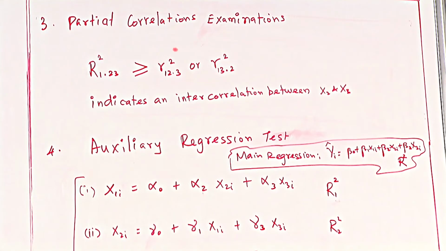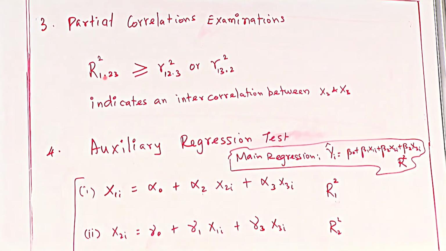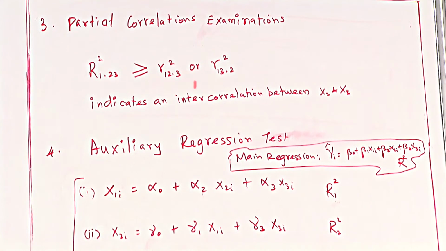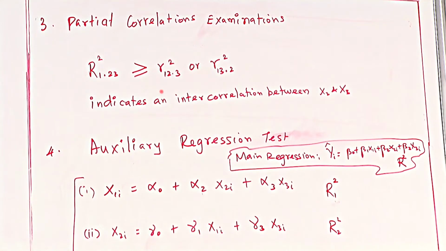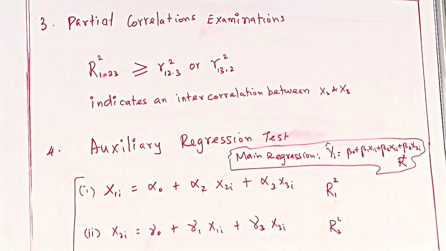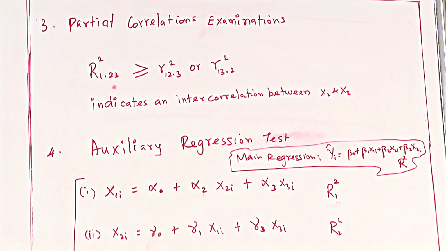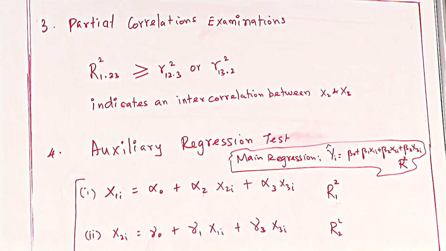We can also examine the partial correlation coefficients. Partial correlation coefficients can be found for each of the independent variables. If the square of the partial correlation coefficient is higher than the multiple correlation coefficient R1.23 square, then we may suspect that there exists an interrelationship between the left out variables x2 and x3.